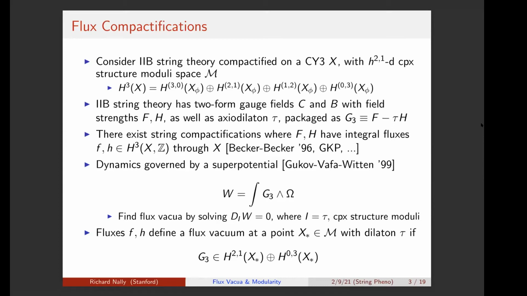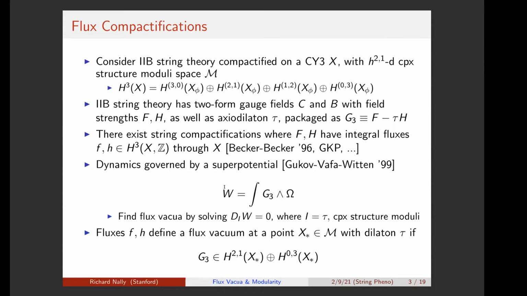When we do this, our dynamics are governed by a superpotential. W is the integral of G3 wedge omega. To find flux vacua, we extremize W with respect to the complex structure moduli as well as the axiodilaton. So we set the covariant derivatives of W equal to 0 and solve.